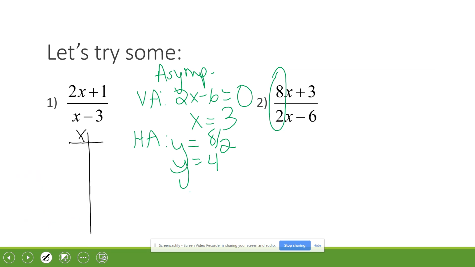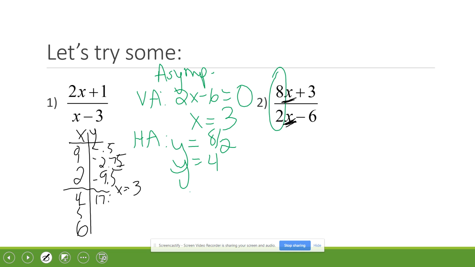Our xy table is again going to get split at x is equal to 3. So I have 0, 1, 2, 4, 5, 6. And again, you do not have to use these 6 values. That's the one that I'm picking to use. You can pick whatever you want. And then you're plugging those in to both x's and doing that math. So we get negative 0.5, negative 2.75, and negative 9.5.